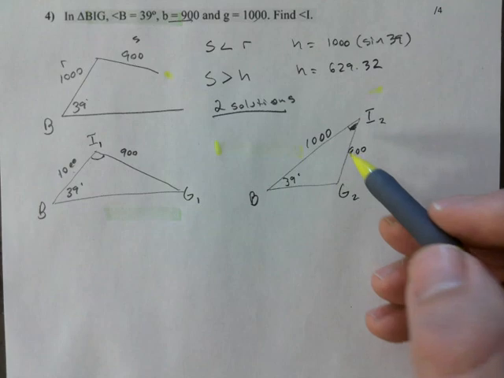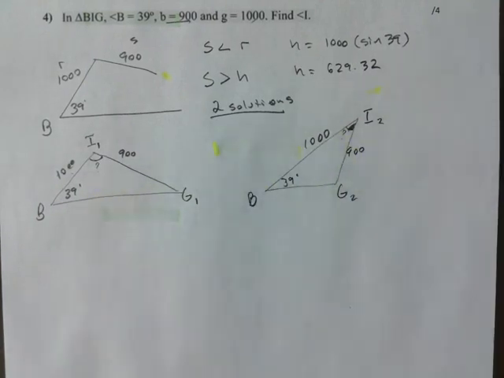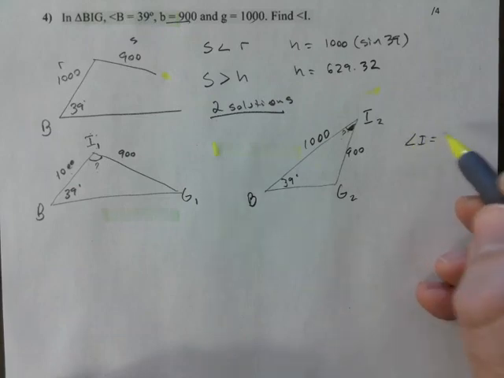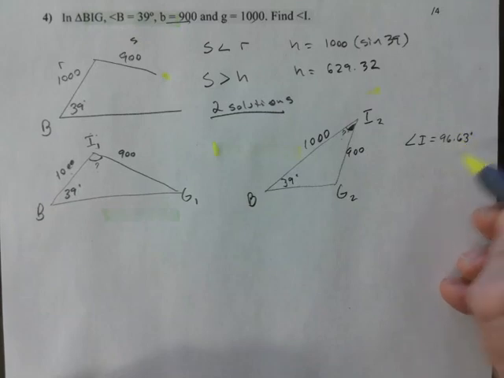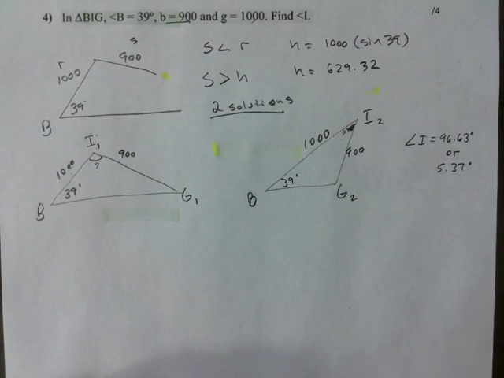That's where you would stop. It's asking for the 2 possible solutions for angle I. And I will give you that answer. Angle I can be, write this down, 96.63 or 5.37. Okay? 5.37. That's what you should be getting there.